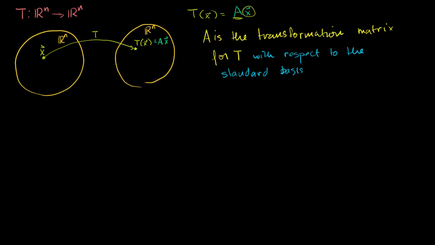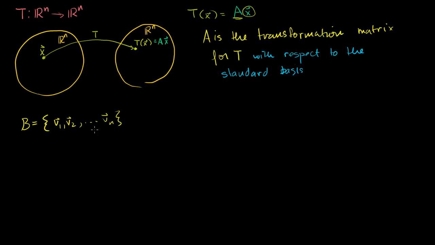That last part was a bit of a mouthful, so let me make it a little bit more concrete. Let's say that I have some basis B that's made up of n linearly independent vectors, that's the definition of a basis, v1, v2, all the way to vn.